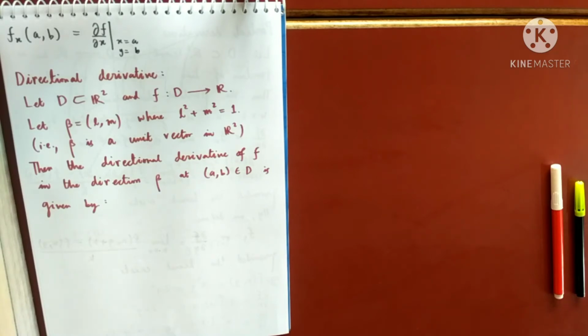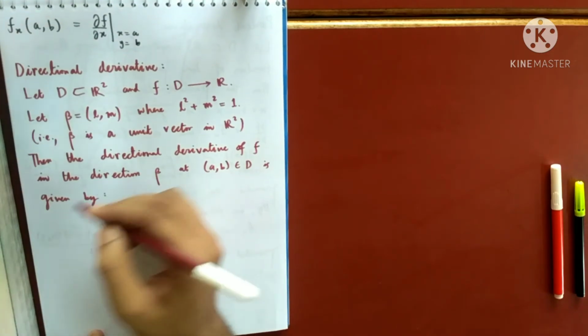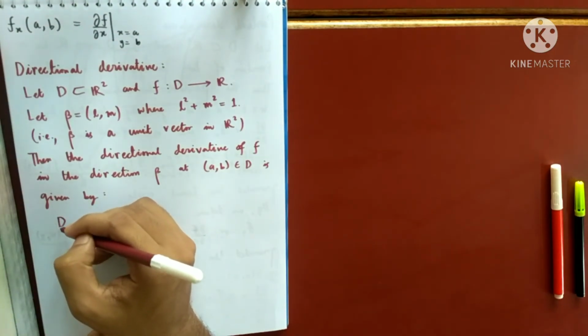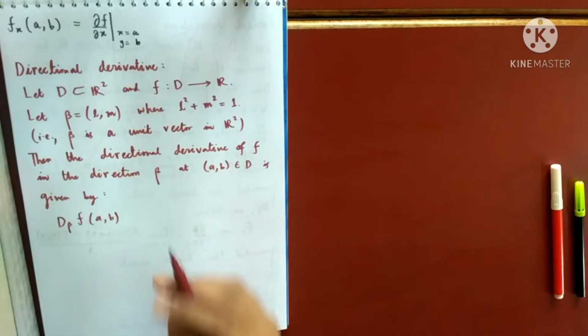So try to understand my point. Given by this and denoted like this: d beta f a b. So what will this represent?